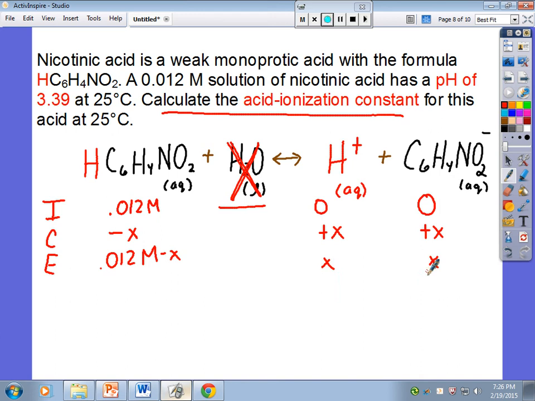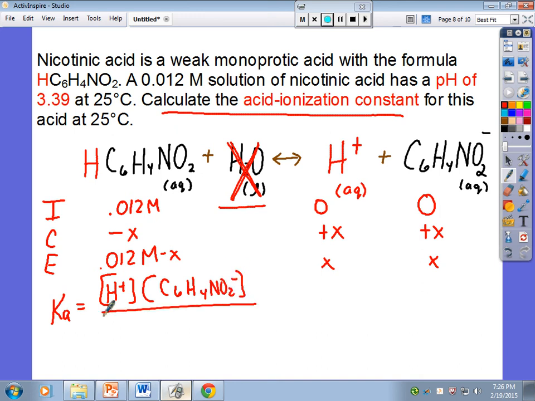Well, I'm going to go ahead and write my Ka equation. My Ka equation is my hydrogen, this nonsense over here, and my nicotinic acid. And I want to find Ka.